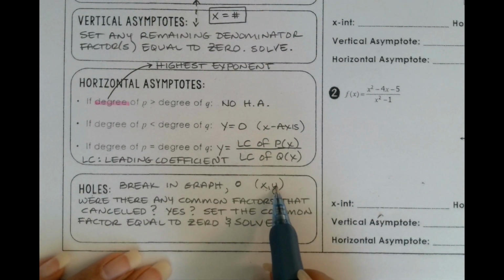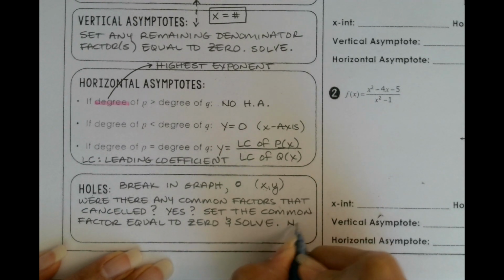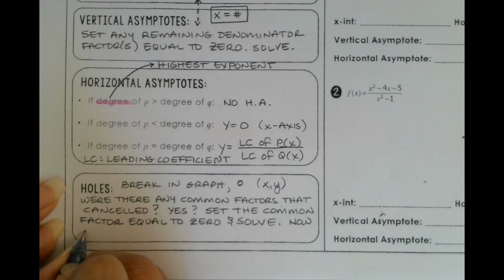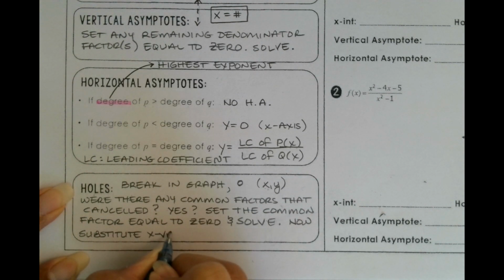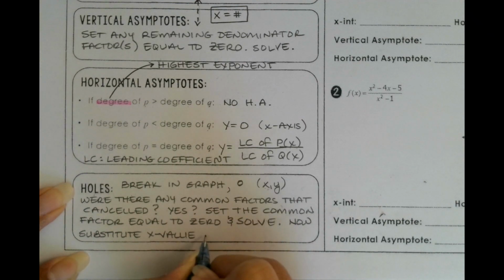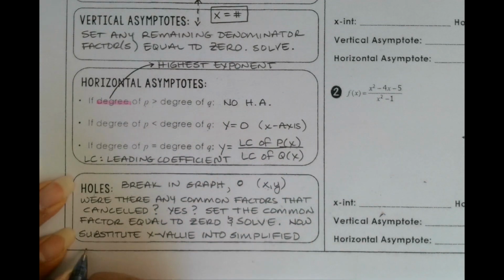You will then use the x-coordinate to find the y. And the way you will do it is whatever you solved for, take that answer. Now substitute the x value you found. Take the x value and substitute it into the simplified rational equation.